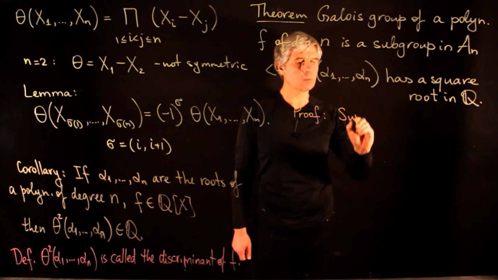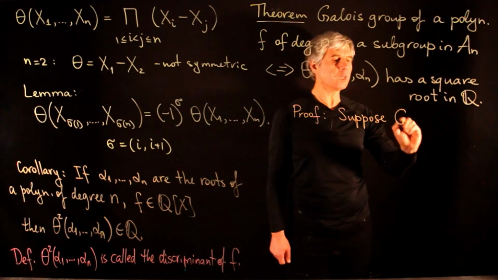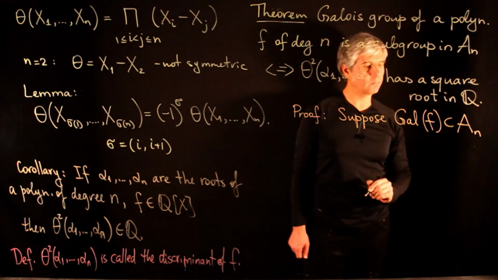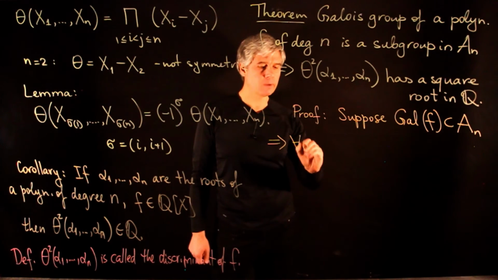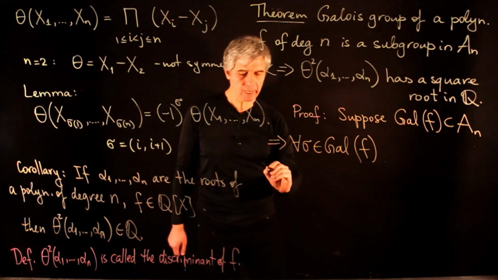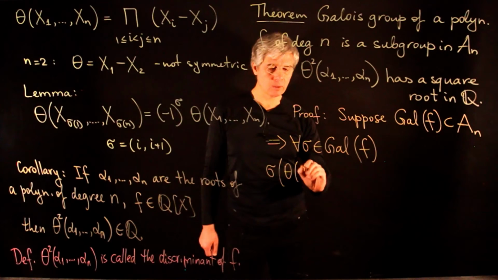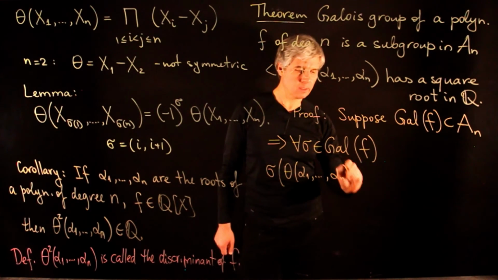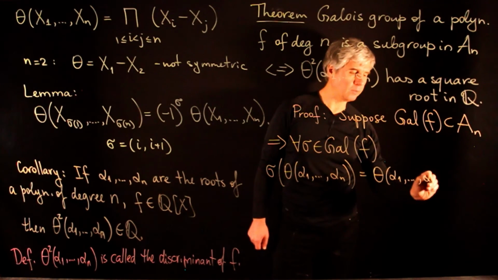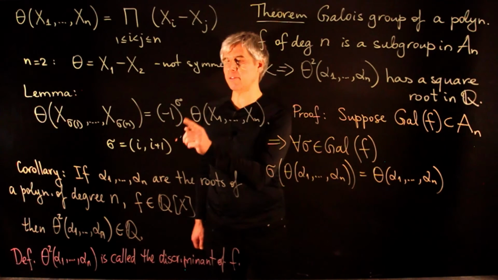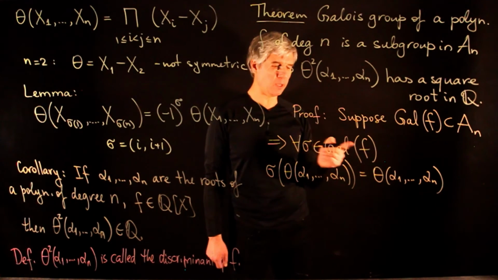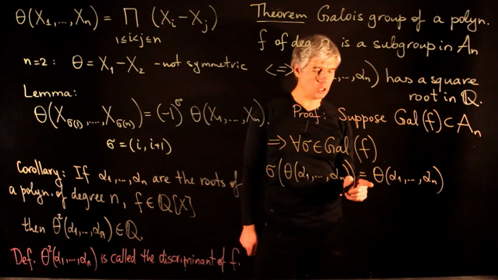So suppose the Galois group of F is a subgroup in the alternating group. Then for every sigma in the Galois group of F, we have sigma applied to theta of alpha 1, ..., alpha n is equal to theta of alpha 1, ..., alpha n, because in general we have a change of sign given by the parity of sigma, and if all sigmas in the Galois group are even, then there is no change in sign.